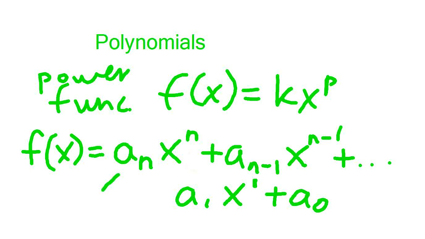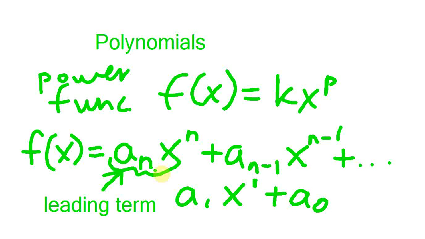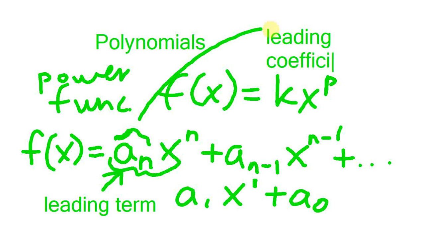And that a sub n, that would be your leading coefficient, and this n here, that's actually called the degree of your polynomial.